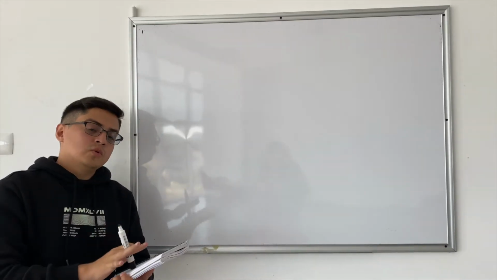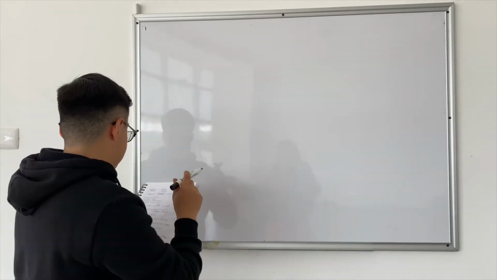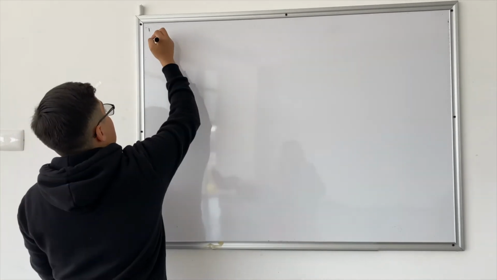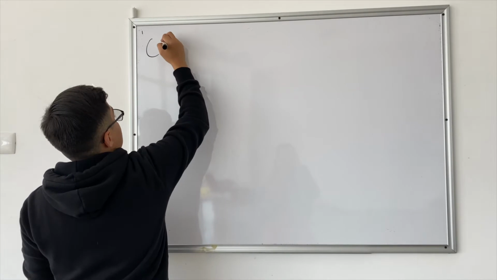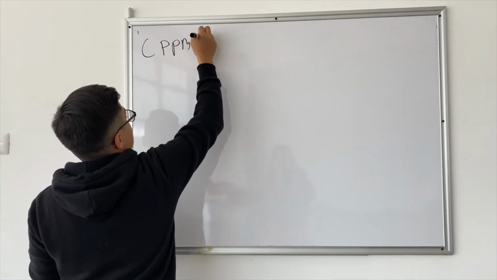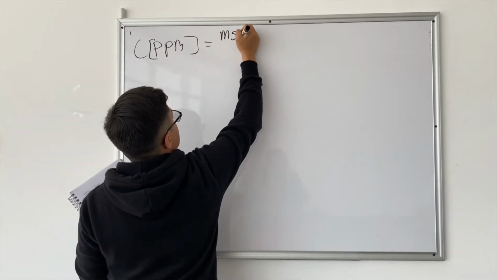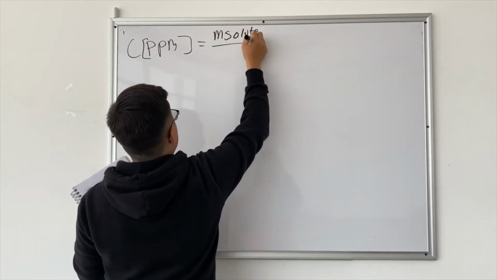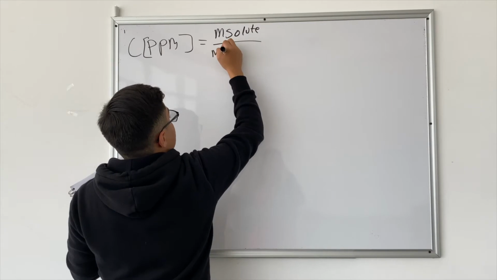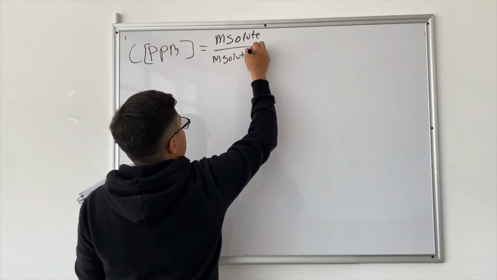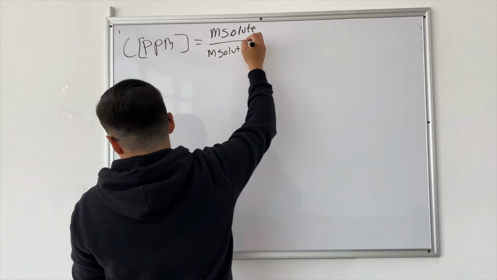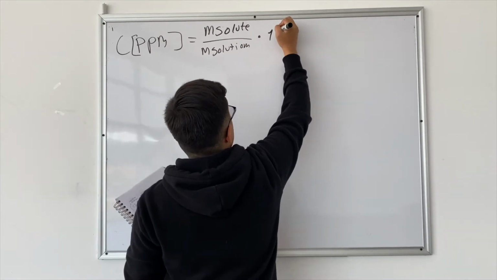For this concentration, we're gonna use the next formula. Concentration equals mass of the solute over mass of the solution times 1 million.